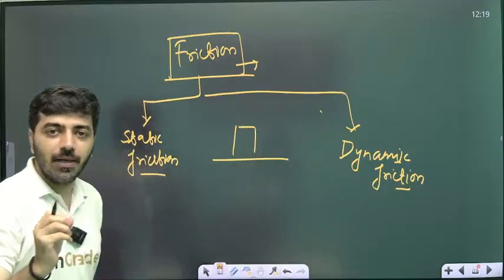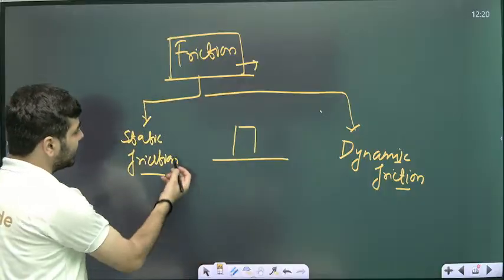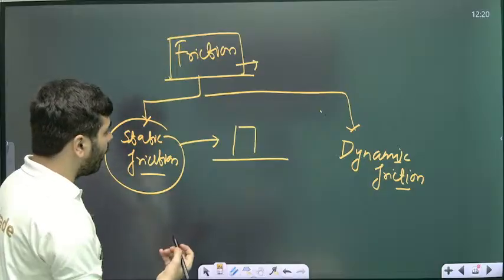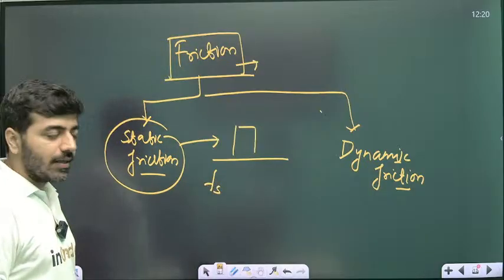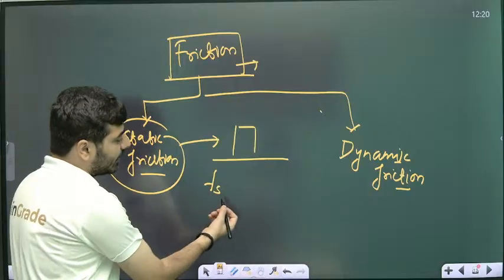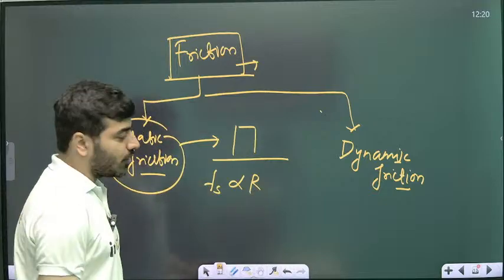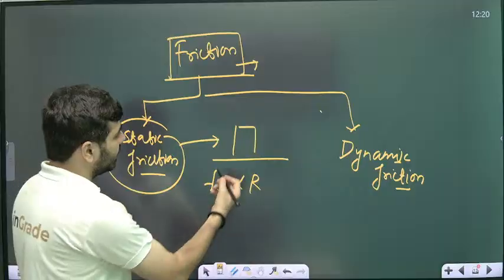We are not applying any external force. It means the body is at rest. This time static friction is acting on it. How do we denote it? Simply Fs. The static friction is directly proportional to the reaction force. Because of that surface, a reaction force acts upon this body, that is simply R.